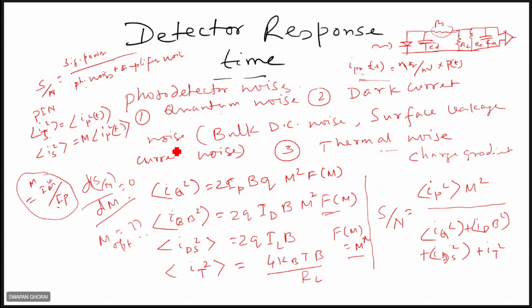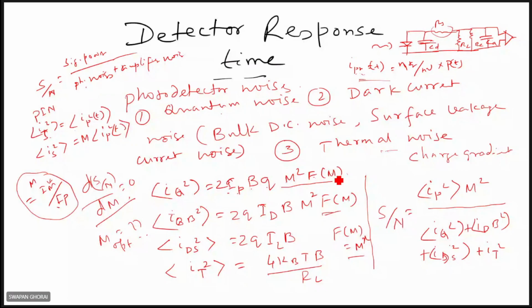The mean square quantum noise current is proportional to the average photocurrent and the bandwidth of the photodetector. So i_Q squared is 2 IP B Q M squared FM. These factors are included because of the avalanche photodiode. But for a pin photodiode, M will be equal to 1 and FM will be equal to 1. This FM is actually a noise figure.